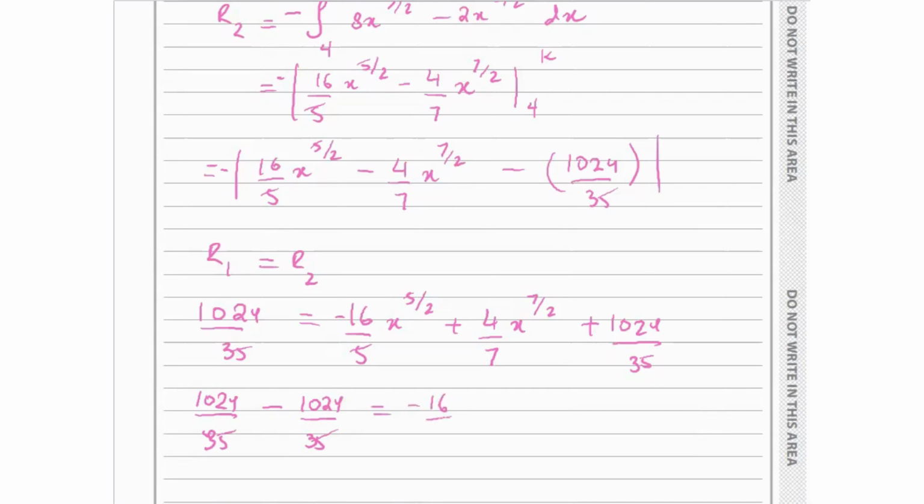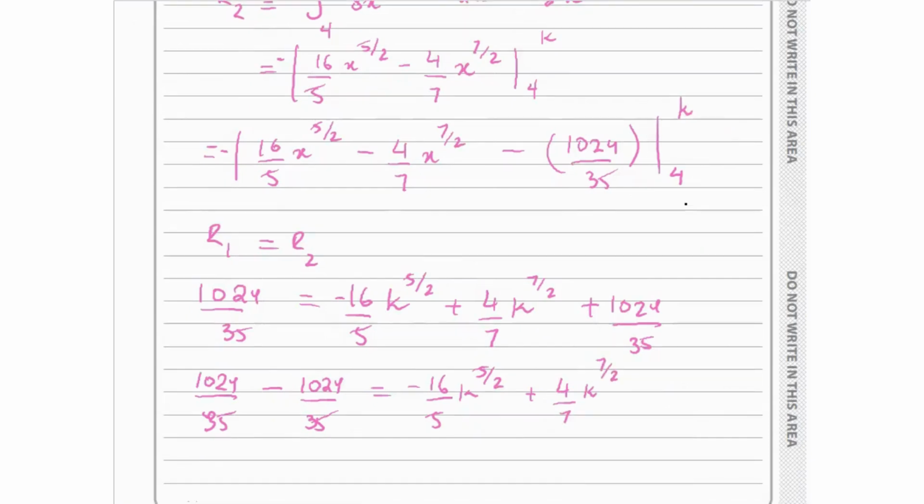This remains the same over here for now. And over here, this should be k. This is k now because the lower limit was 4, upper limit was k. So minus 16 over 5 k to the power of 5 over 2 plus 4 over 7 k to the power of 7 over 2. Okay, so that's 0 over here.